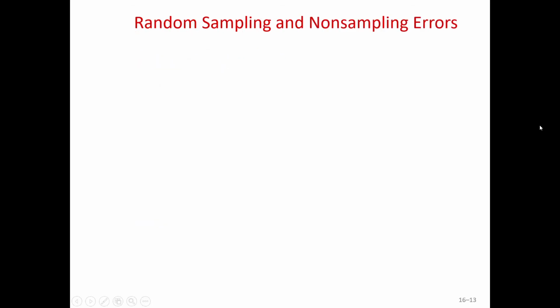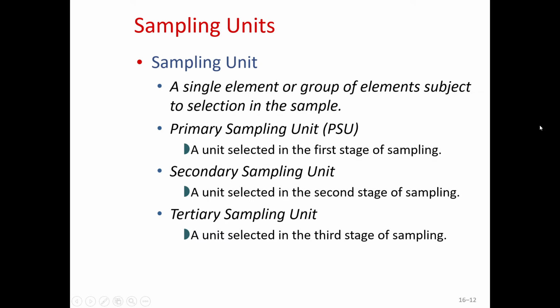Sampling units. During the actual sampling process, the elements of the population must be selected according to a certain procedure, and the sampling unit is the single element or group of elements subject to selection in the sample. If the target population has first been divided into units, additional terminology must be used.